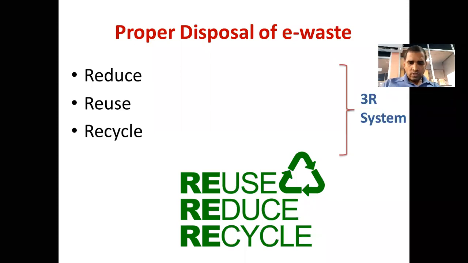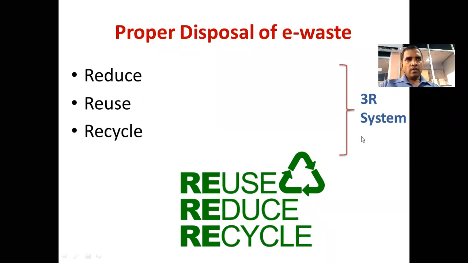So we use some methods which start with R, right? So starting from reduce, reuse, and recycle. All of them start with R. That's why this is called the 3R system, right?